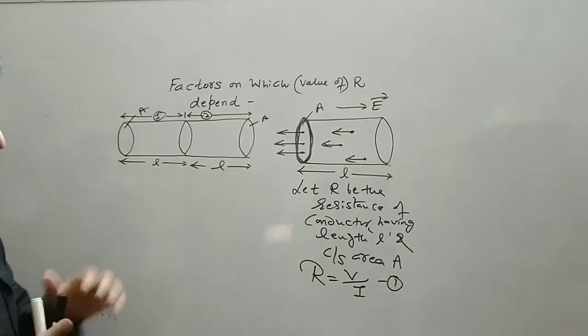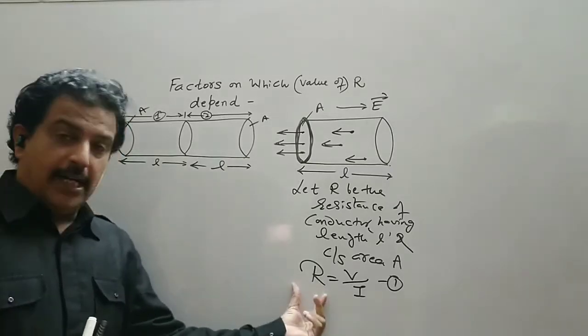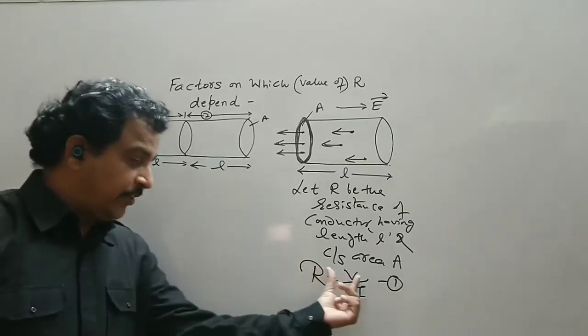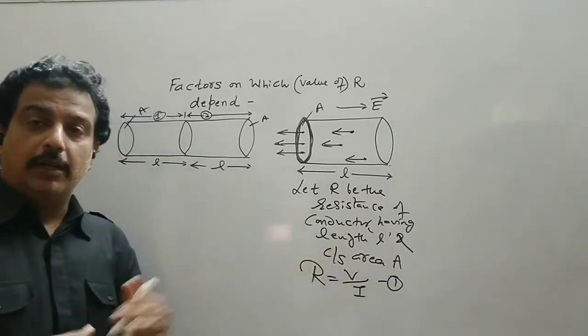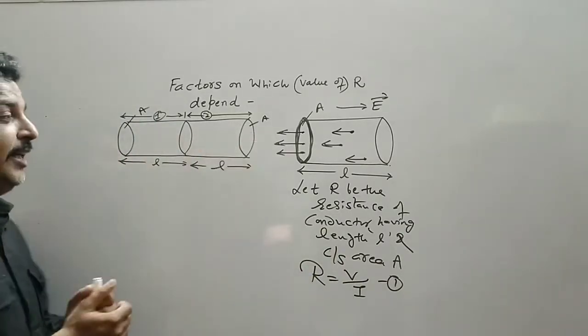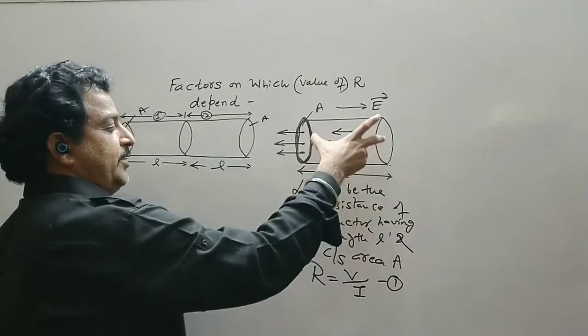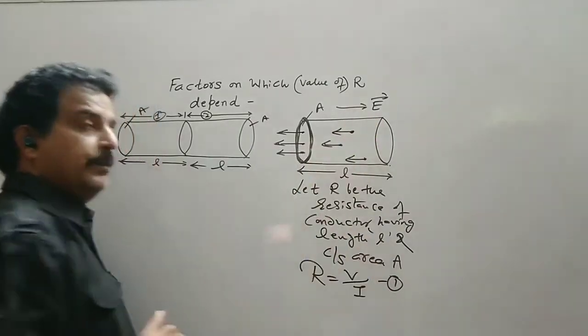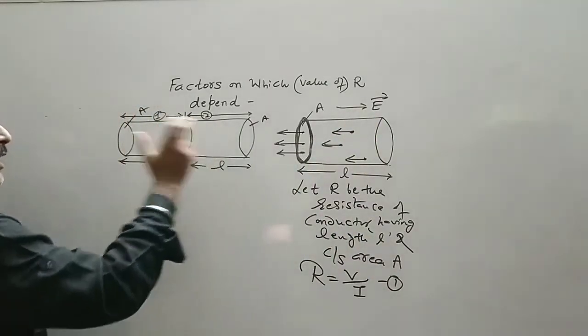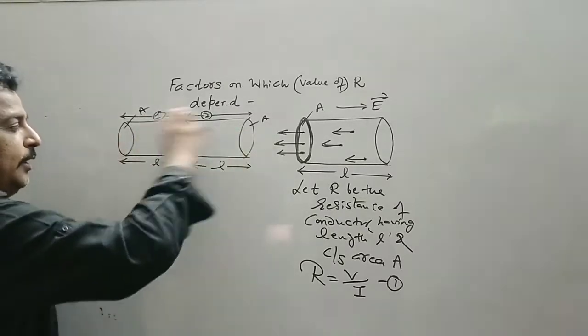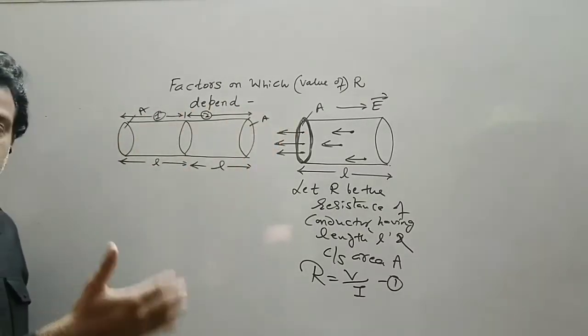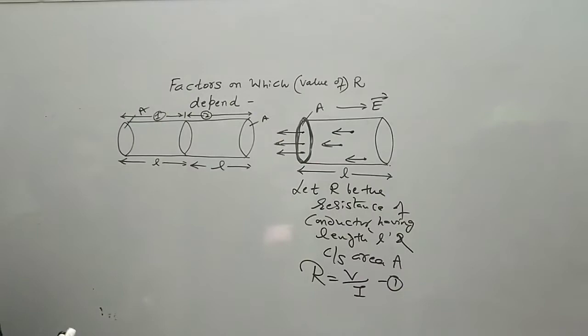So if I need the same R, the battery voltage should become double because the length has been increased. So if this battery has a potential difference across it to be V, then these 2 conductors are connected in a line, or say in series, like we have connected capacitors in series.